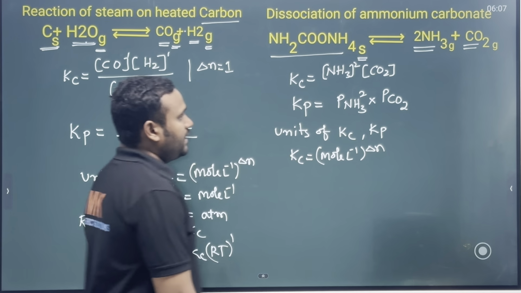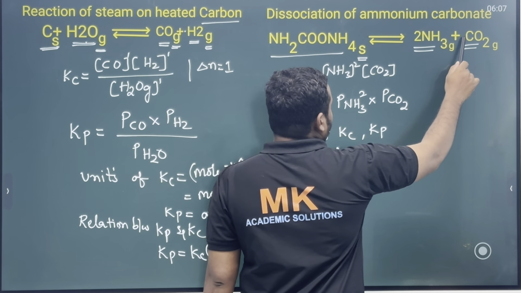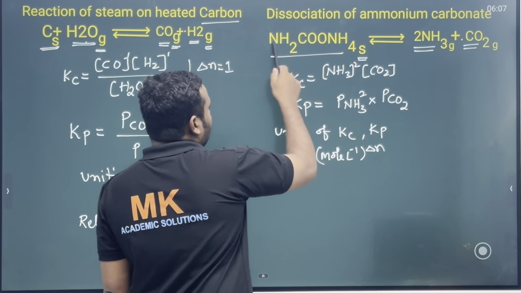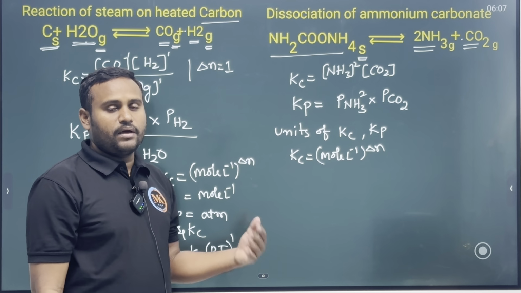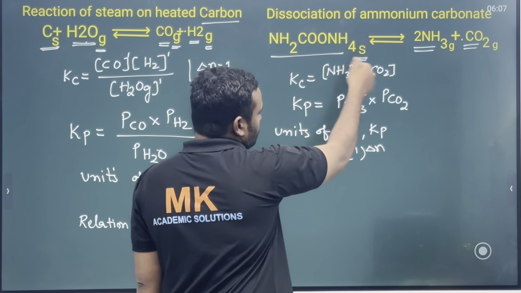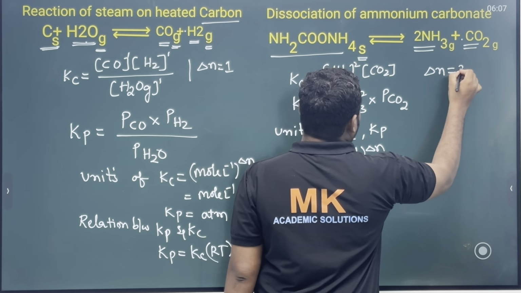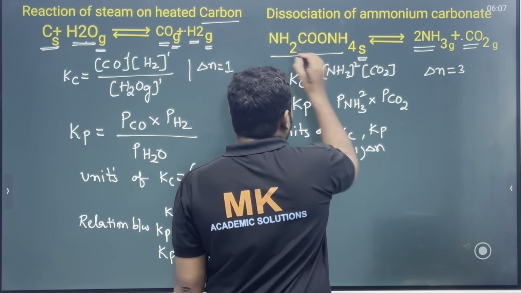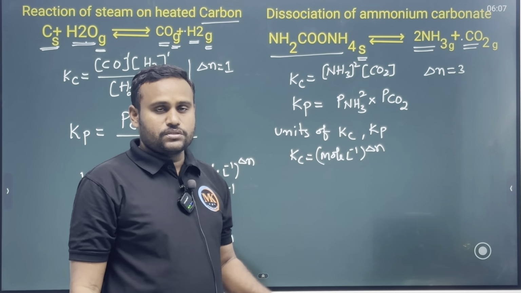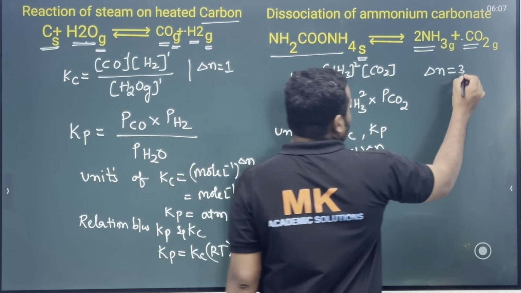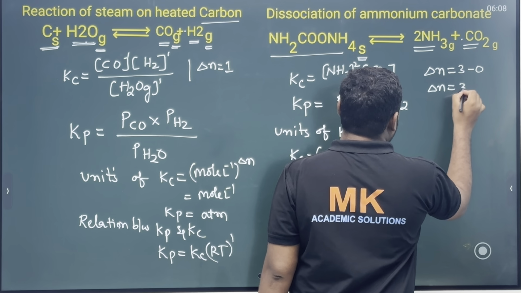So here what is the delta n value? What is the delta n value here? So 1 plus 2 is 3, and the reactant is present in the solid state. Total delta n value is equal to 3 only. 3 minus 0, because 3 moles of products are there, but 1 mole of reactant is present in the solid state, so no need to consider. So 3 minus 0, therefore delta n is equal to 3.